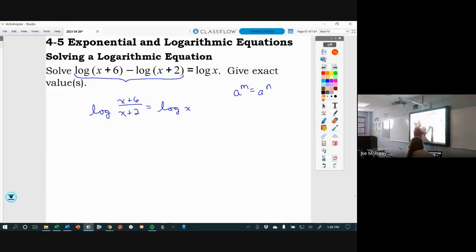If m and n are equal, how can that be true? If A and B are equal. Isn't that what we have? If the log of this mess is equal to the log of x, doesn't that mean that that part equals x?